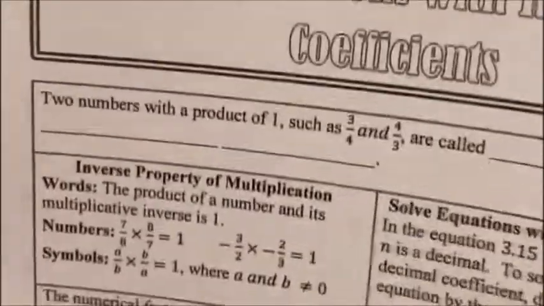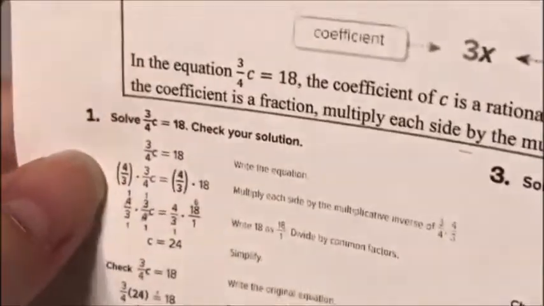On page 40, you're going to put the one that says solve equations with rational coefficients, has the number 1. Okay, that goes on page 40.